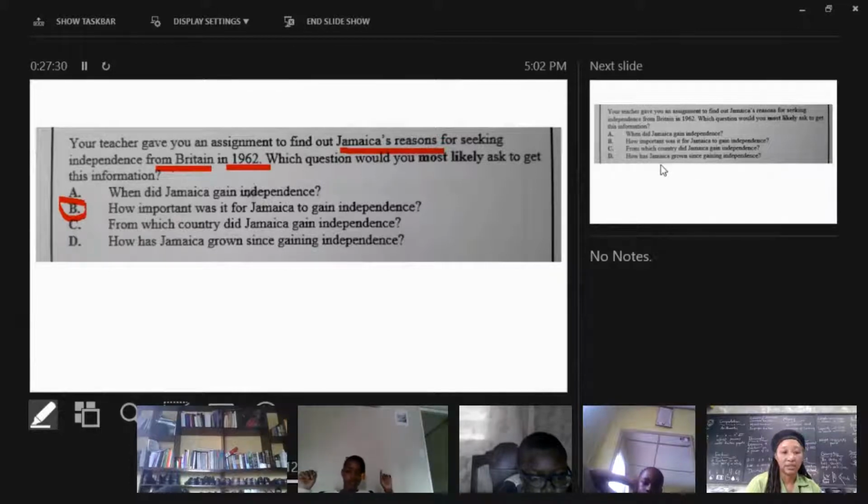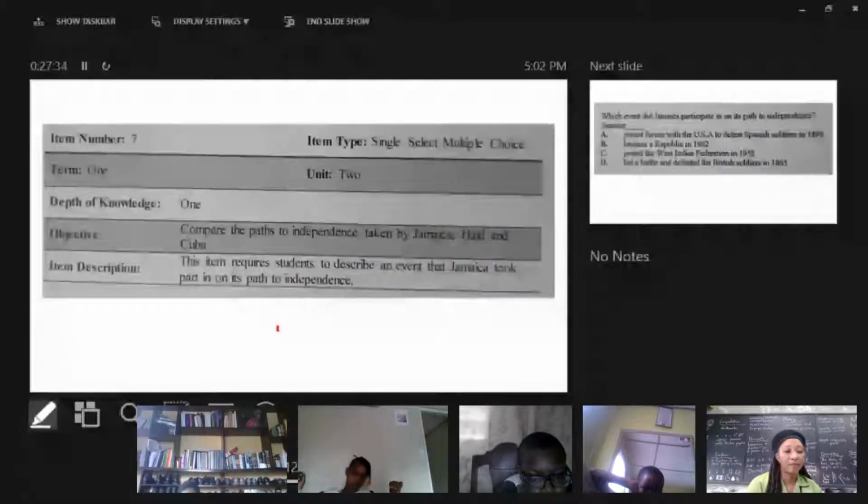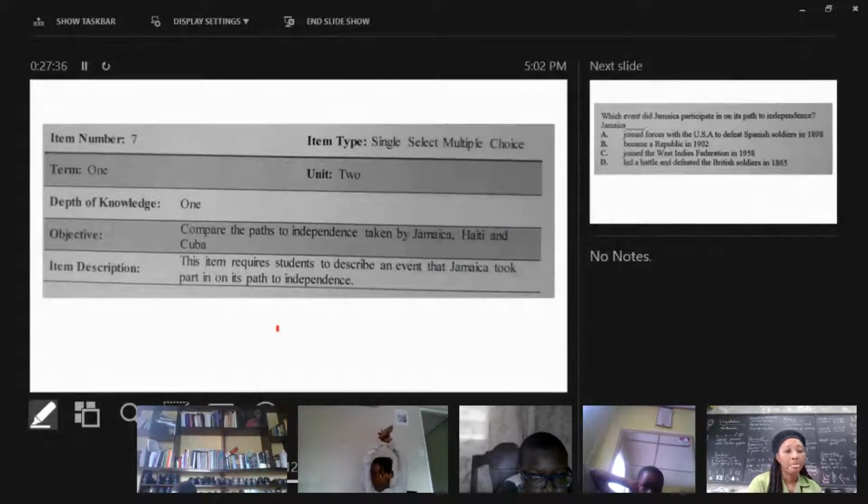Okay, so item 7, we're to compare the paths to independence taken by Jamaica, Haiti, and Cuba. This item requires students to describe an event that Jamaica took part in on its path to independence.